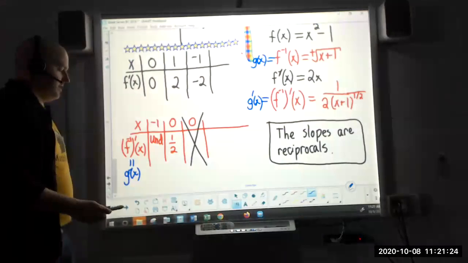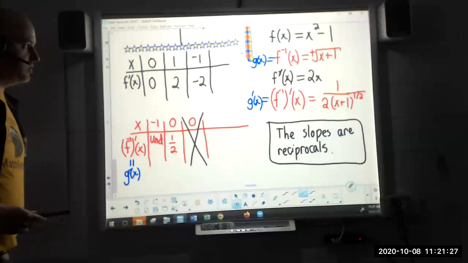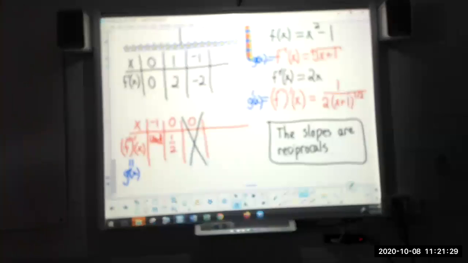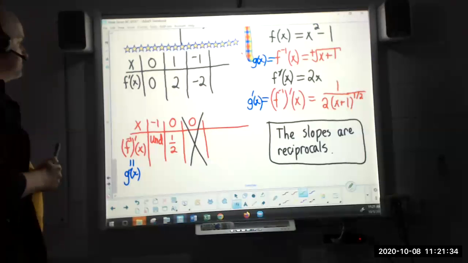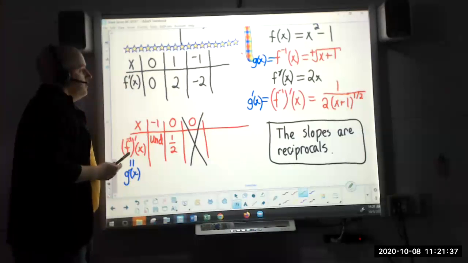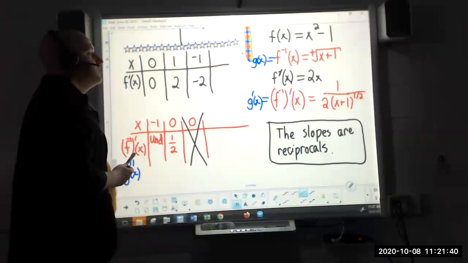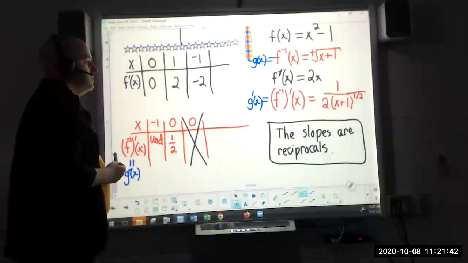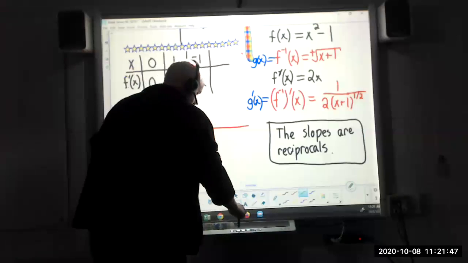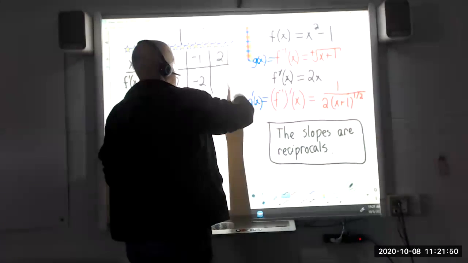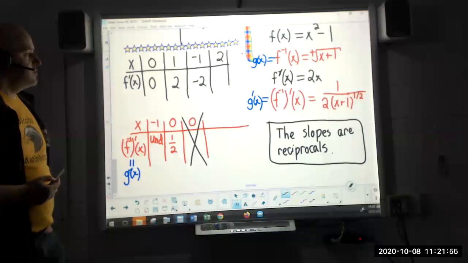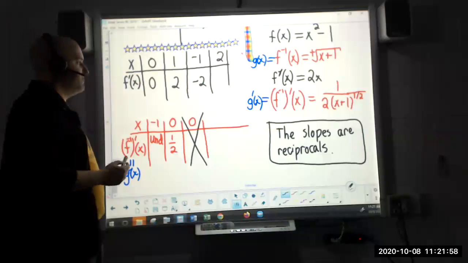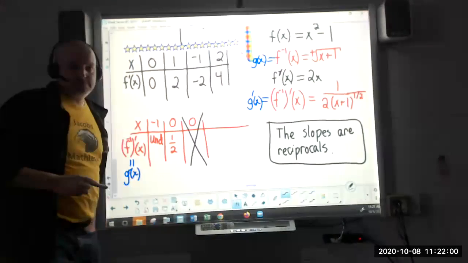Let me add on a couple of additional points to hopefully drive this idea home. It's not just that the slopes are reciprocals. The slopes are reciprocals. What's a good one? Yeah, let's do 2. Okay. The slope at 2 is 4, right?